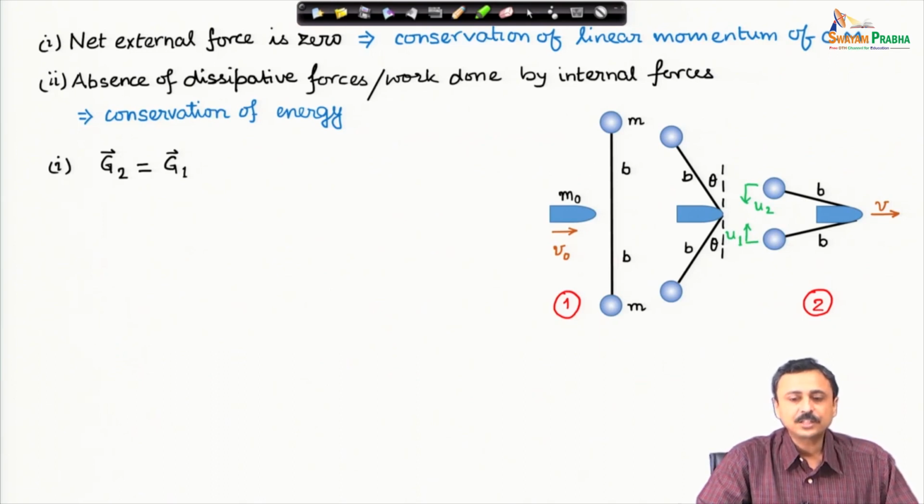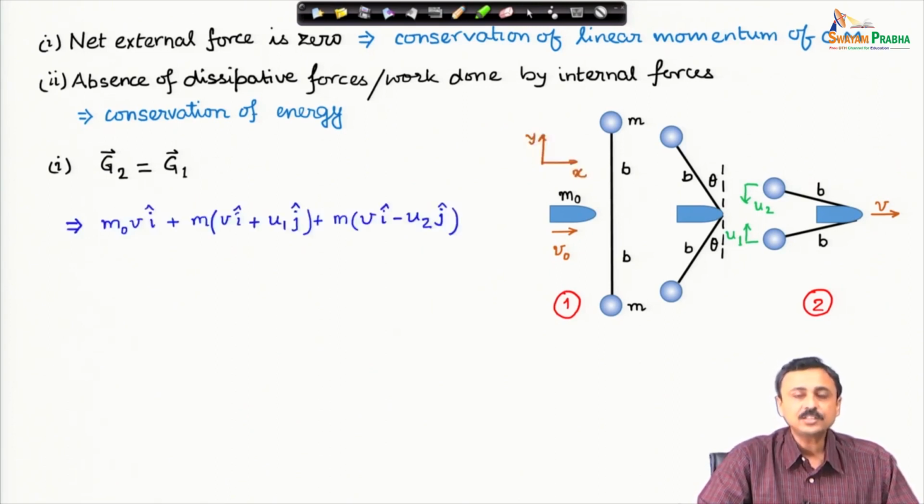Now, from the first condition of conservation of linear momentum, I must have that the net linear momentum in state 2 must be equal to the net linear momentum in state 1. In state 2, what is the net linear momentum? It is m naught, which is now travelling with velocity v i cap.